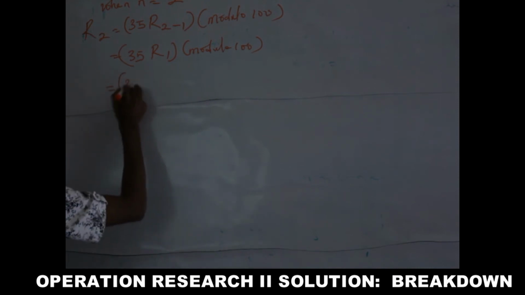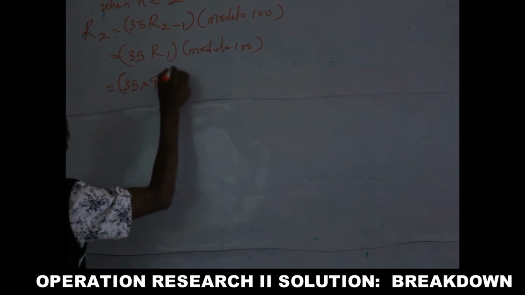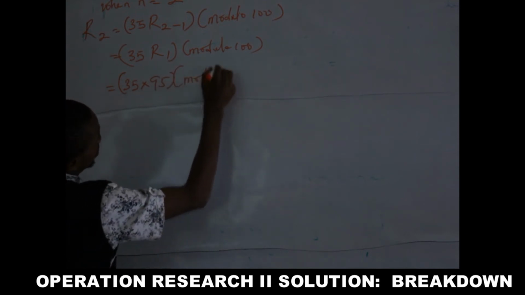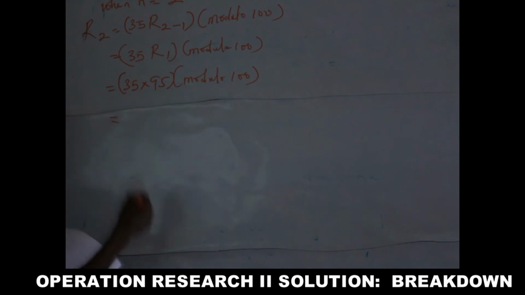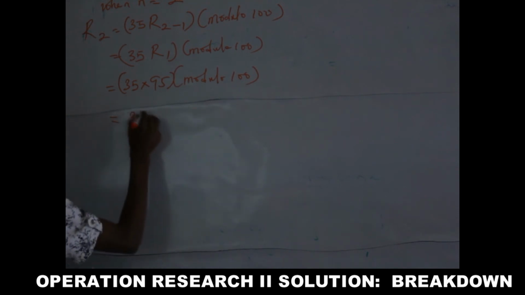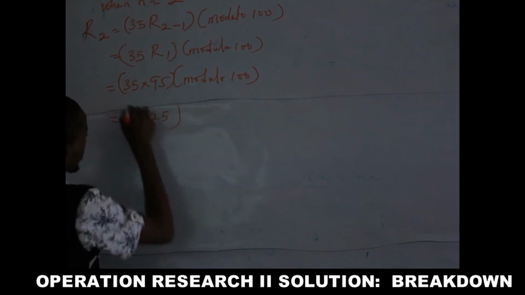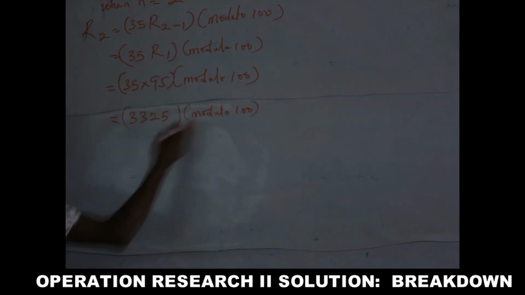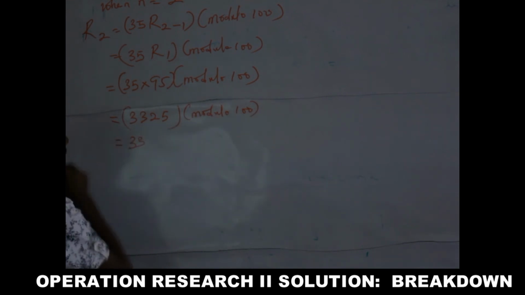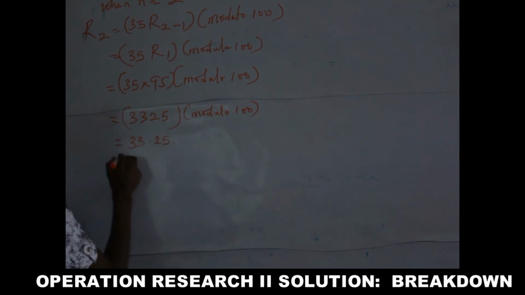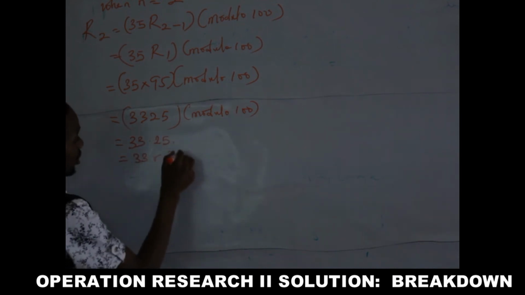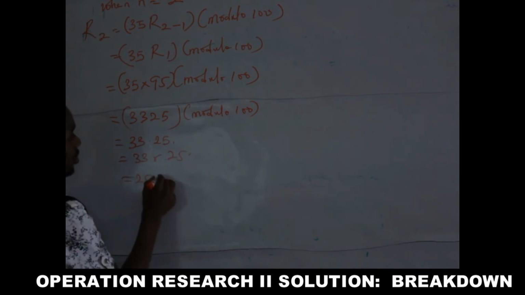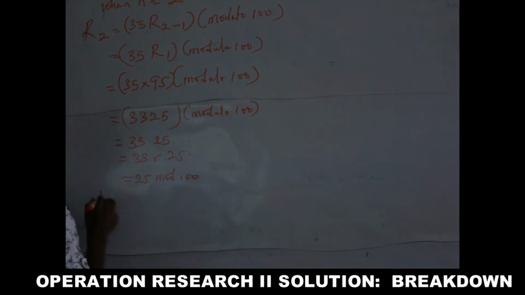So we have 35 times 95 modulo 100, which will give us 3325 modulo 100. You divide 3325 by 100, you are going to have 33.25, which is 33 remainder 25, which will give us 25 mod 100. So our R2 is equal to 25. Now we go again.